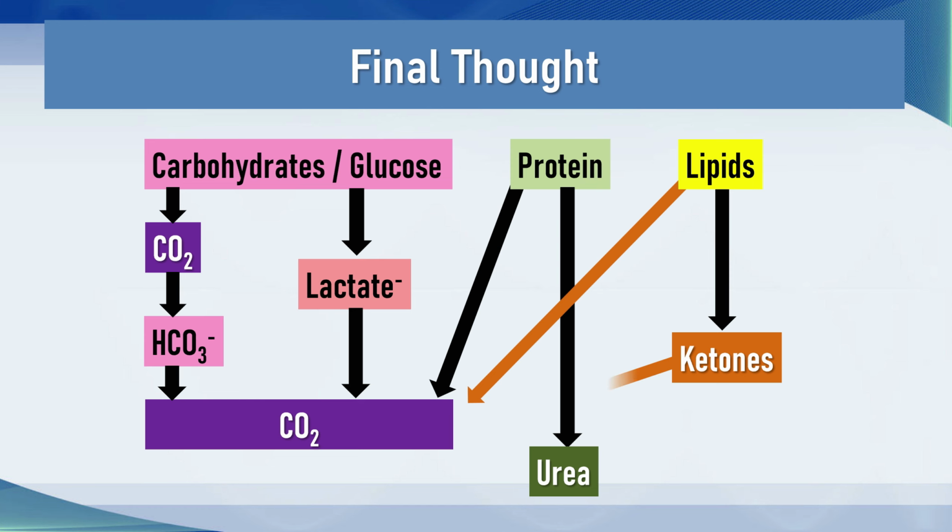And of course, ketones are eventually broken down to carbon dioxide. So when you're looking at bicarbonate, lactate, urea, and ketones, be aware these are all byproducts of metabolism that go hand in hand with carbon dioxide to give us an idea of what's going on in the body. And I'm just giving you this as a teaser for subsequent tutorials that I will cover this material in.